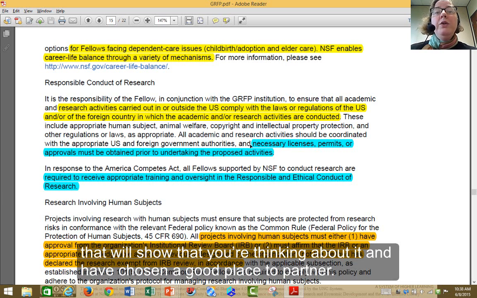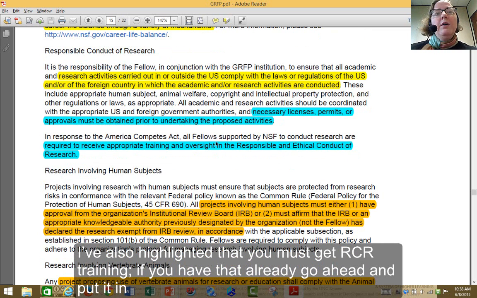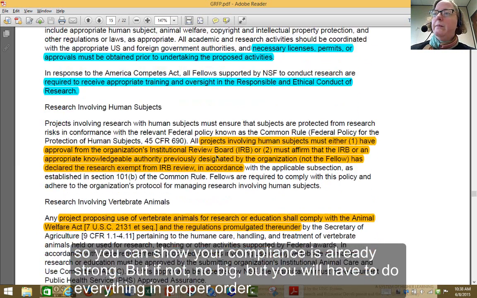That will show that you're thinking about it and have chosen a good place to partner. I've also highlighted that you must get RCR training. If you have that already, go ahead and put it in so you can show your compliance is already strong. But if not, no big deal, but you will have to do that after everything is in proper order.